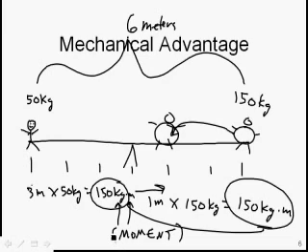So you'll notice here that in this example, we can either use a small force over a large distance, or we can use a large force over a short distance to get the same force applied at this fulcrum or at this pivot point.